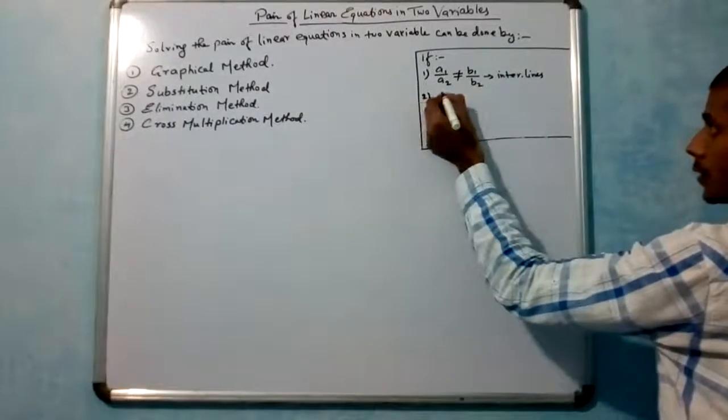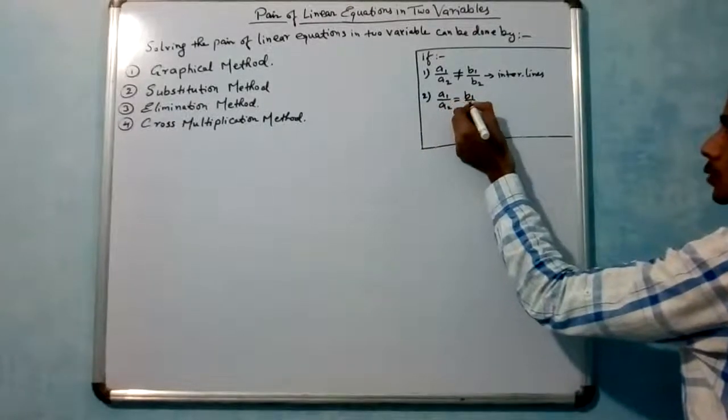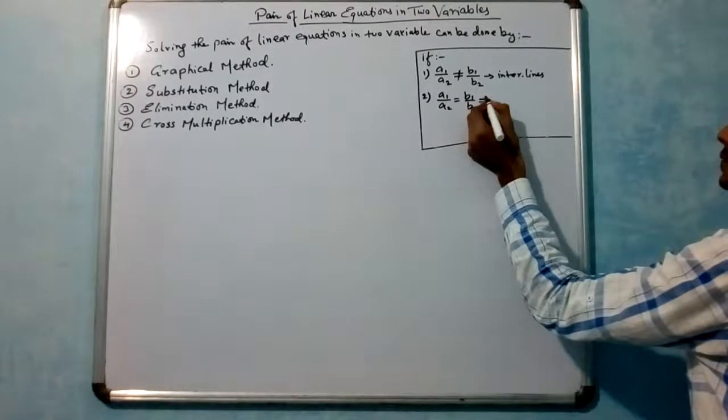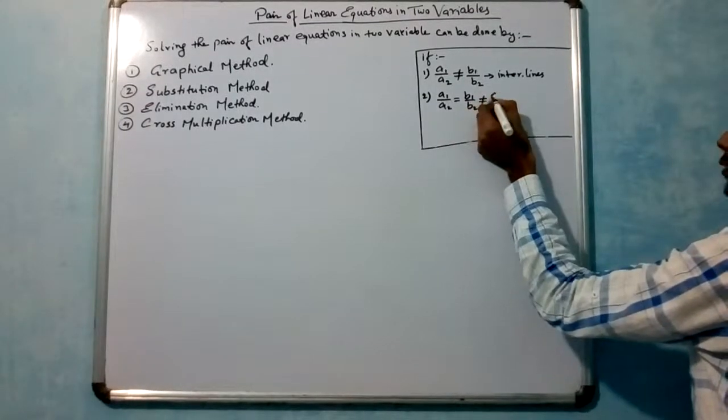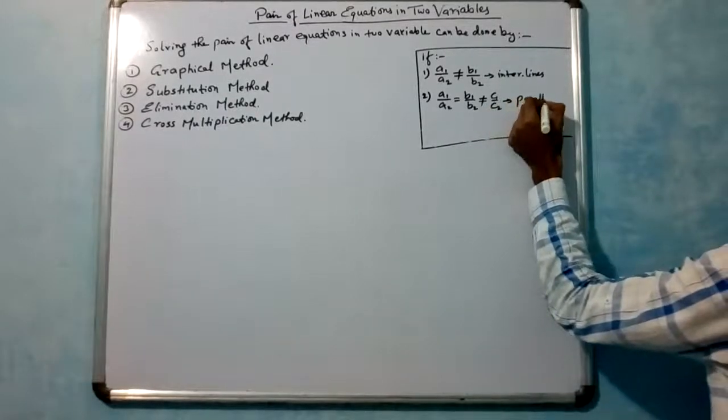Second was the case when A1 by A2 is equal to B1 by B2, not equal to C1 by C2, then parallel lines.